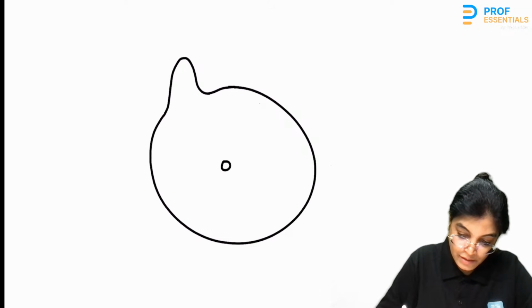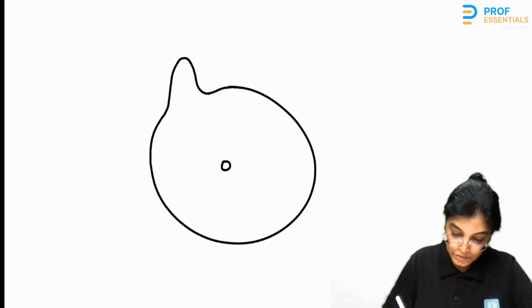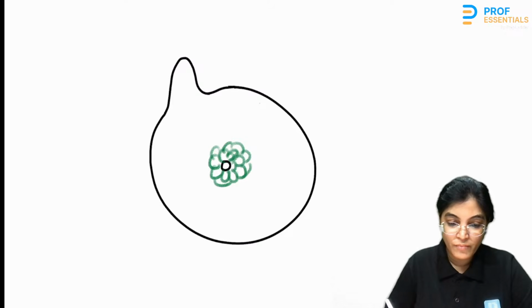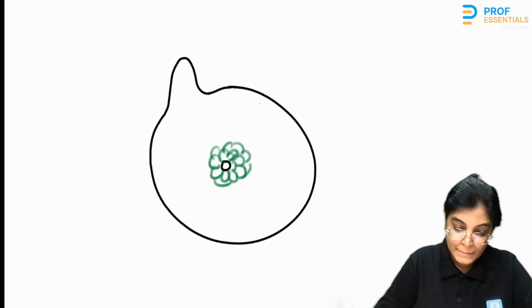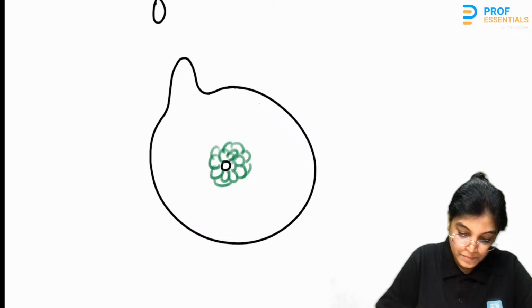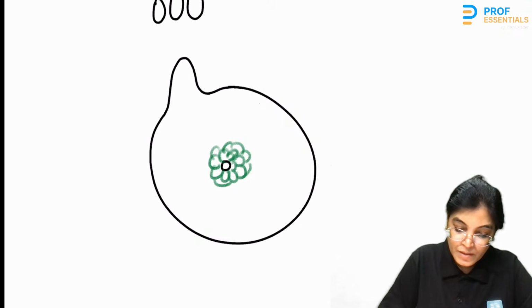I will use green color to show the subareolar plexus of Sappey. And here we will draw some of the lymphatics, like this. Again, we can use green color to show the drainage.